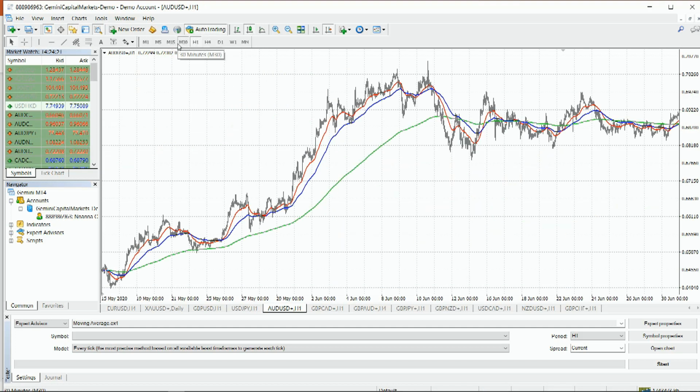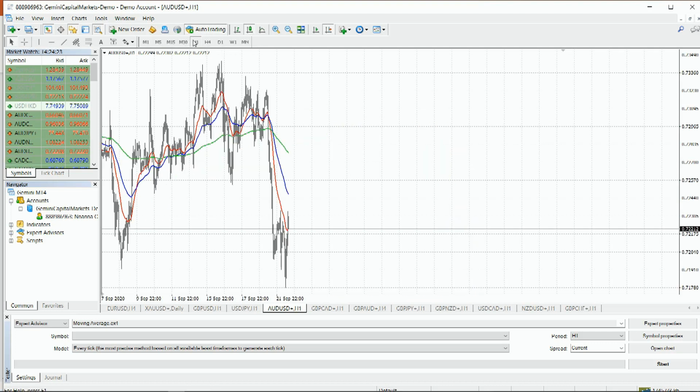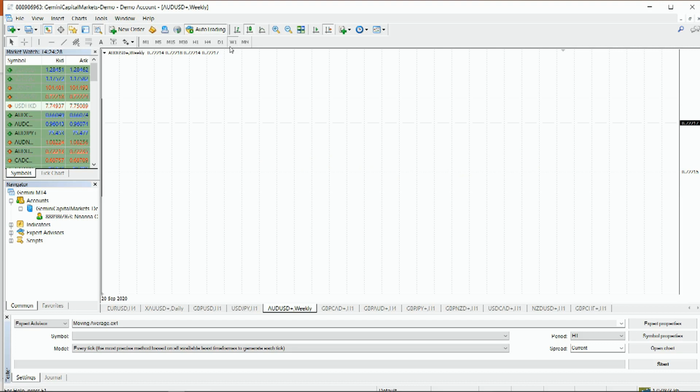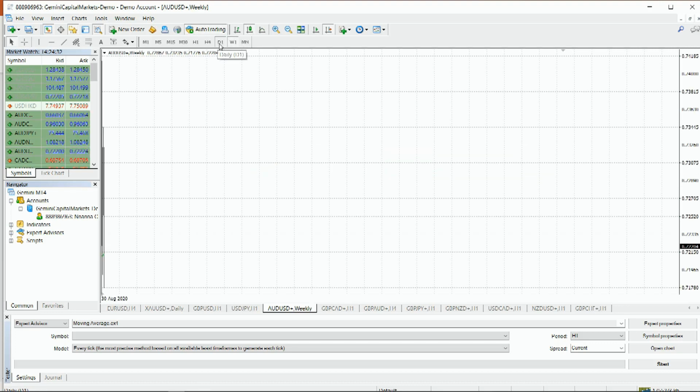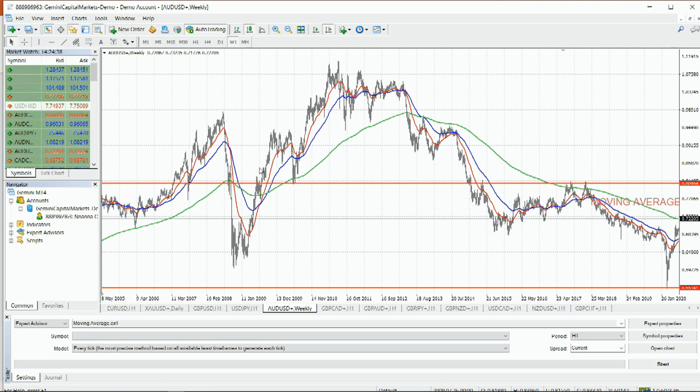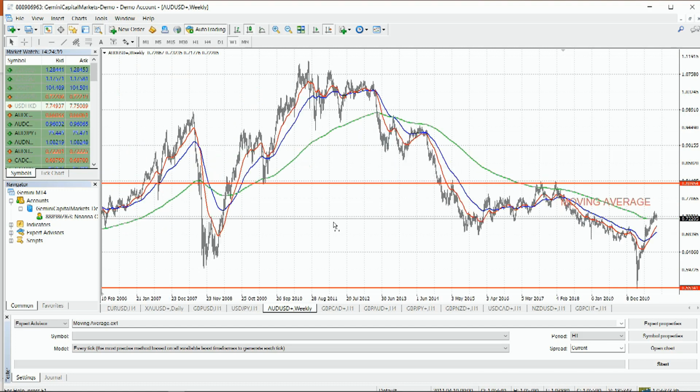When you insert your moving average indicators, they will occur on every time frame, from the daily to the weekly to the monthly and what have you. For the 200 period moving average, I like to look at it mostly on the daily and the weekly time frame, because the higher time frame helps me see the overall trend.